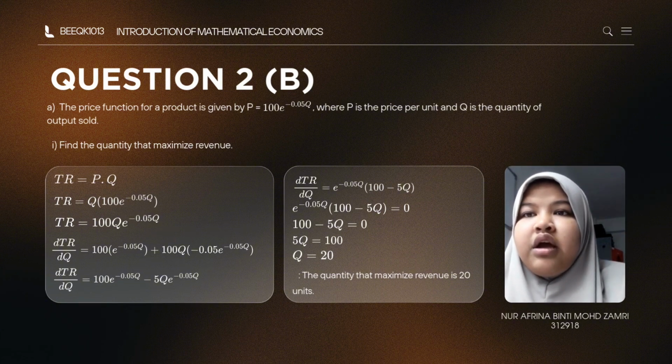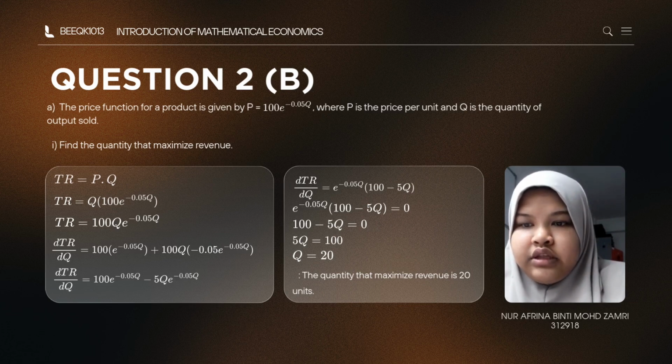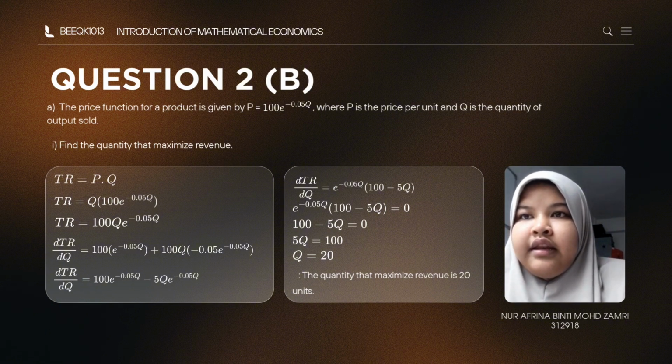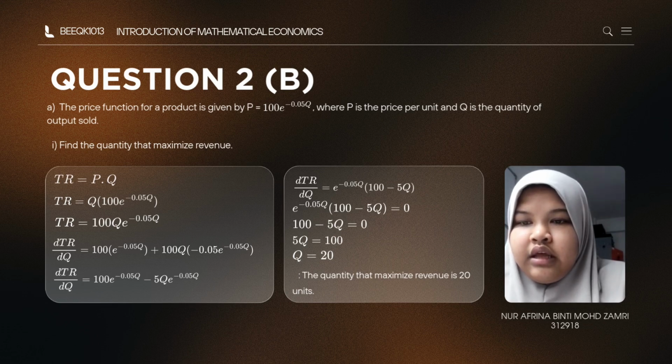First, we need to calculate the total revenue. Total revenue is equal to price times quantity. And we get the answer: total revenue is equal to 100Qe to the power negative 0.05Q.